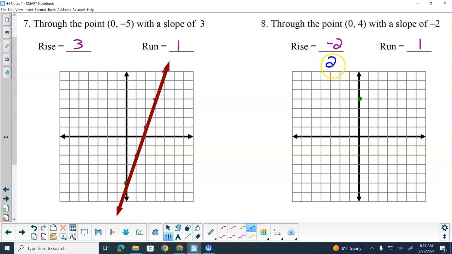So this would just be 2, but this would be negative. No, you gave me the one that has the rise. You did give me +2 and -1, but you gave me -1. Yep. So a rise of -2 is down 2, right 1. The other one would be up 2.